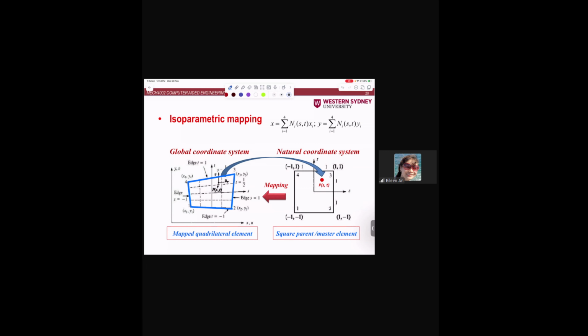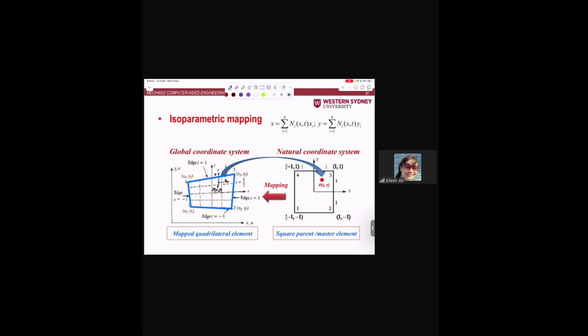For this element, if we do the calculation in the global coordinate system, we have to know the coordinates of each node, and we have to calculate the constants and then derive the shape functions. It's painful, really, really painful. We have to spend a lot of time to do the calculation.